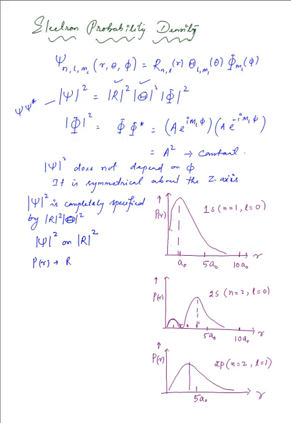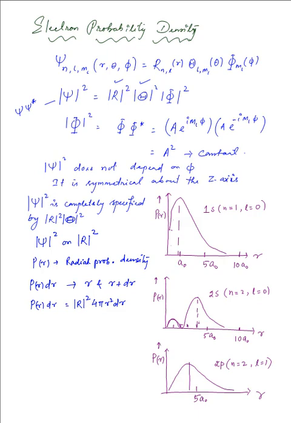P(r) dr is the probability of finding the electron at a distance between r and r plus dr from the nucleus, which means we'll be considering a shell of thickness between r and r plus dr. So the volume in that case is given by 4 pi r squared dr, the volume of the enclosure between the spheres of radius r and r plus dr.